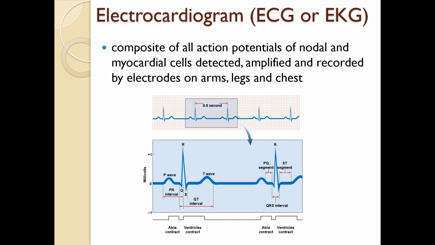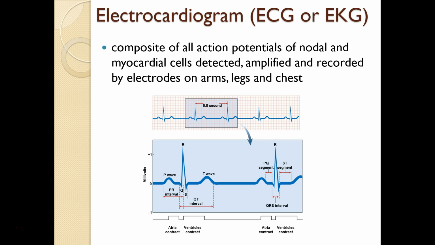So here we're looking at an electrocardiogram, ECG or EKG. This is a composite of all action potentials in nodal and myocardial cells, amplified and recorded by electrodes in the arms and legs. So again, the myocardial cells and the nodal cells have action potentials.